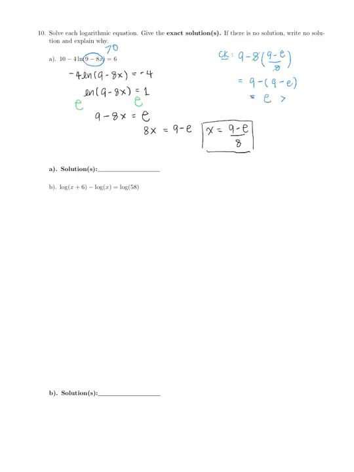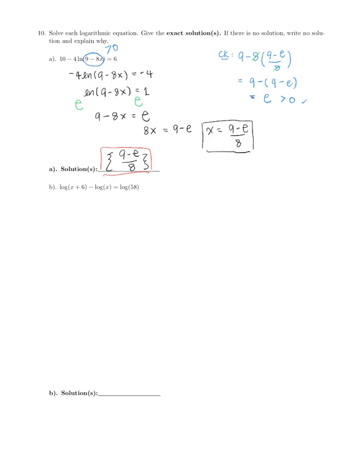All right, but now notice that e is a positive quantity. So we're gonna get to keep this, and our solution is going to be 9 minus e whole thing over 8. So we keep that proposed solution as a solution set.